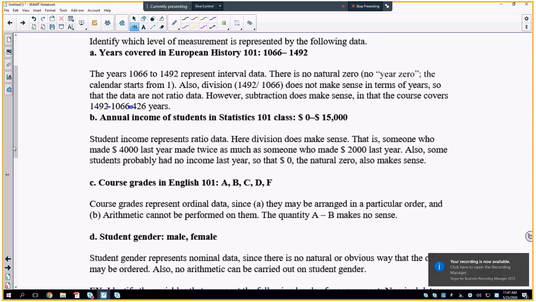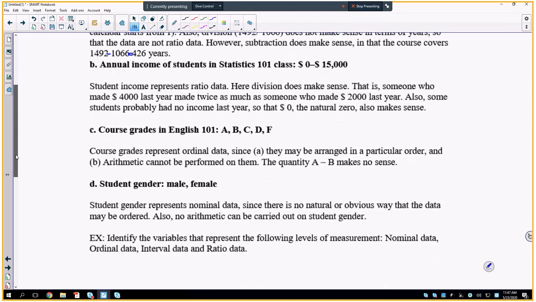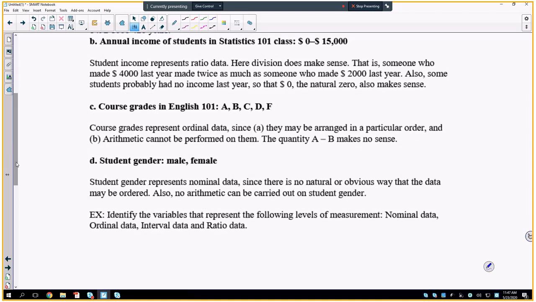Okay, what about another example? The annual income of students in a statistics class, between $0 and $15,000. So student income represents ratio data, because here it makes sense to do division.